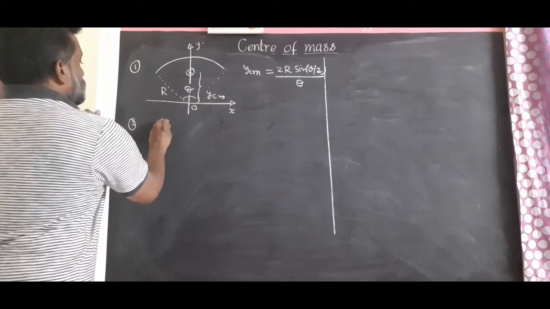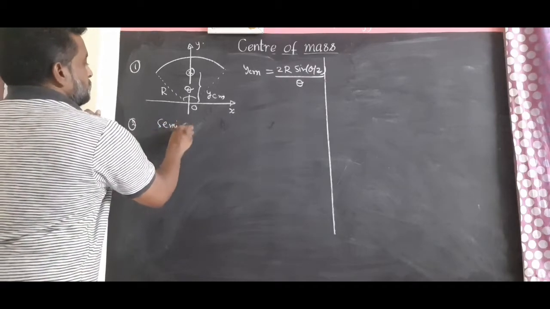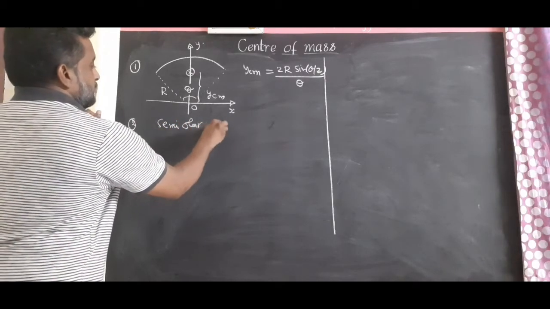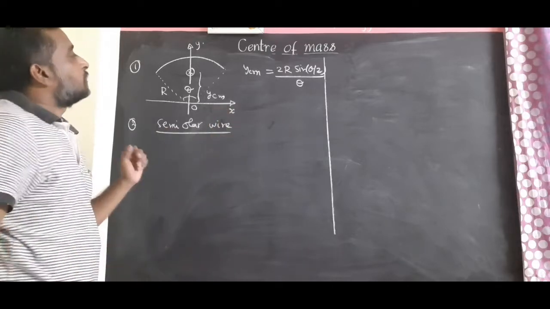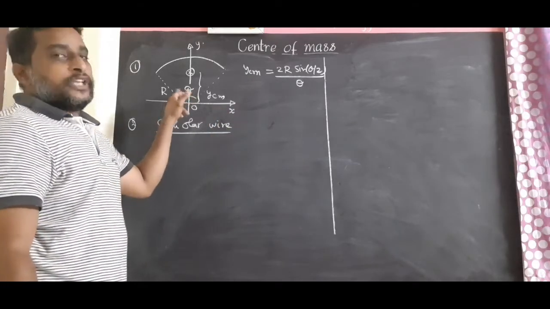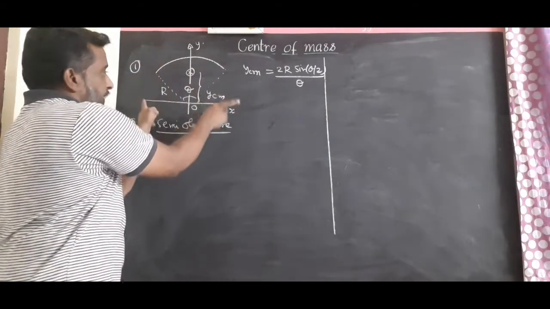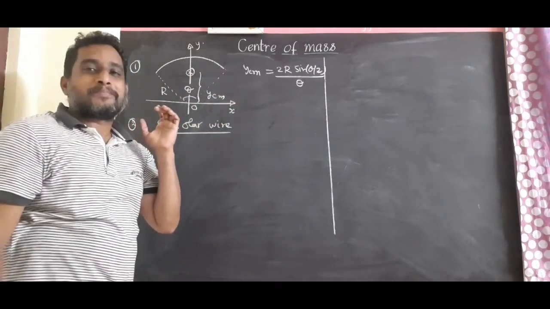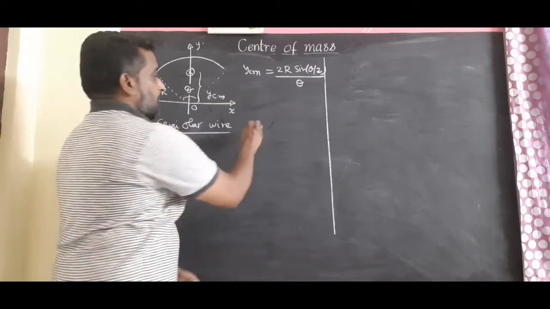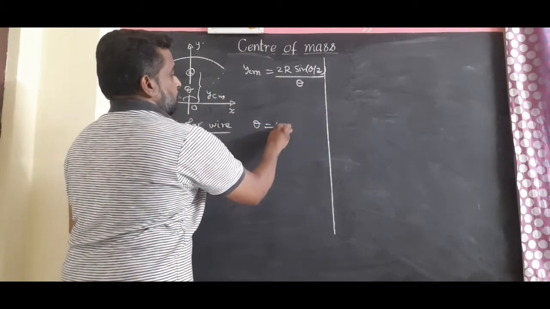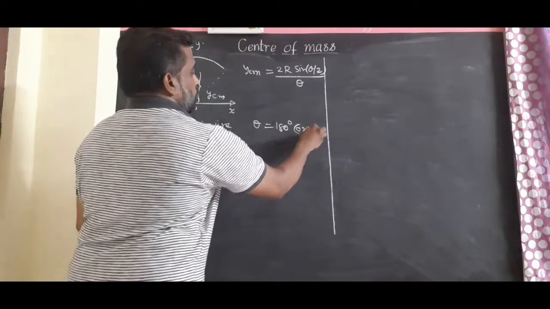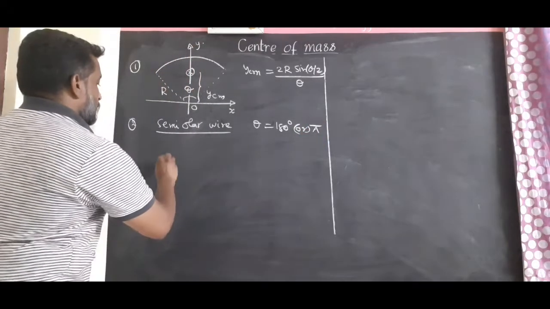Come to the second one, the semicircular wire. When this angle theta is 180 degrees, this arc will be extended and it will form a semicircular wire: 180 degrees or pi radians.